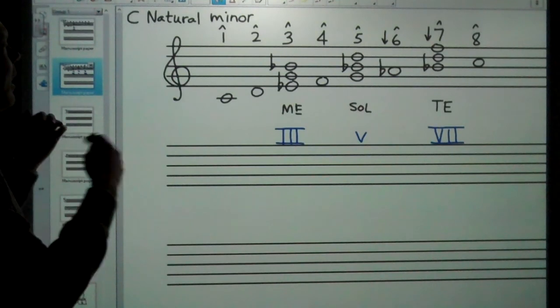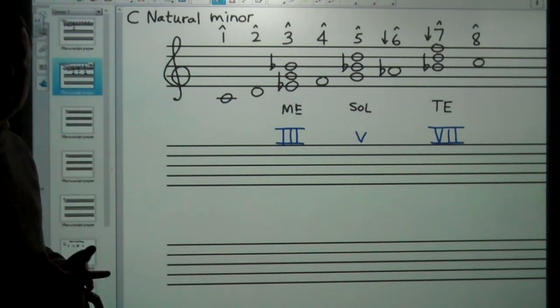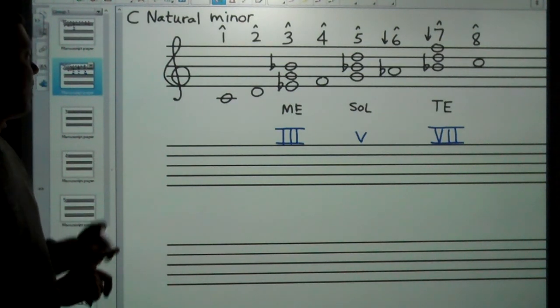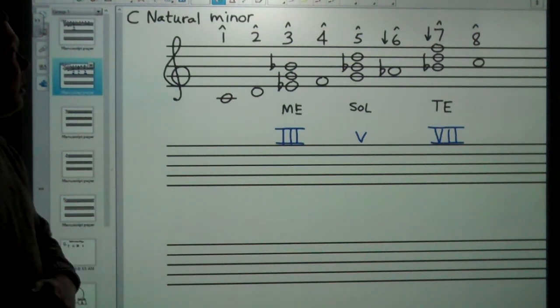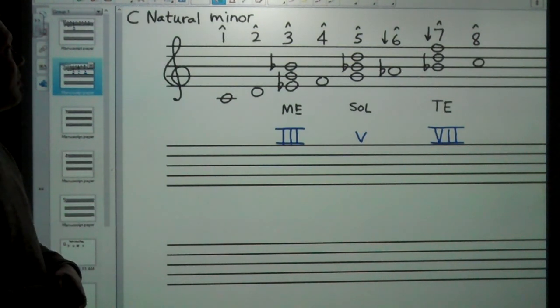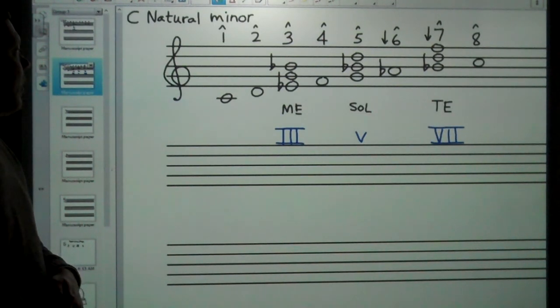So what I have here on the board, as I said, is a natural minor scale, because the less common chords that occur in minor keys, that is the III chord, the v chord, and the VII chord, those less common chords are all derived from the natural form of the minor scale.